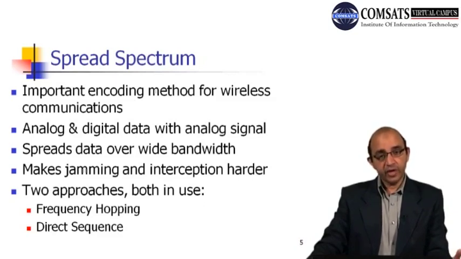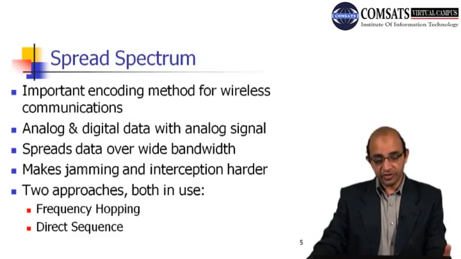And we have analog and digital data with analog signaling. So we can have the provision of analog signaling, right, irrespective of the data representation. So data representation can either be analog or digital.